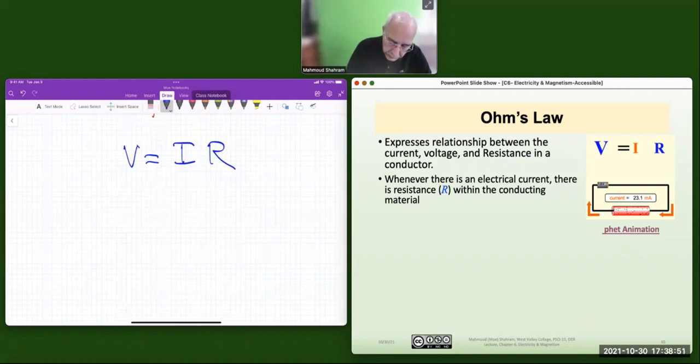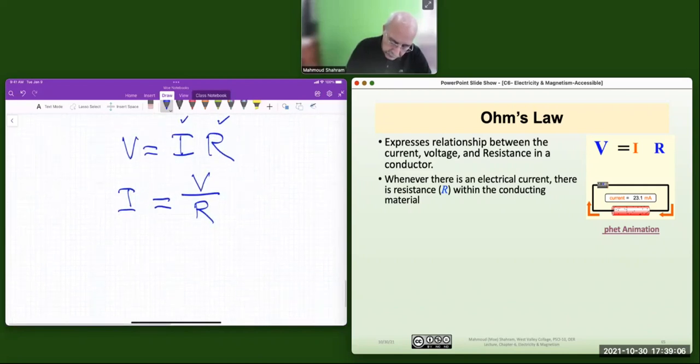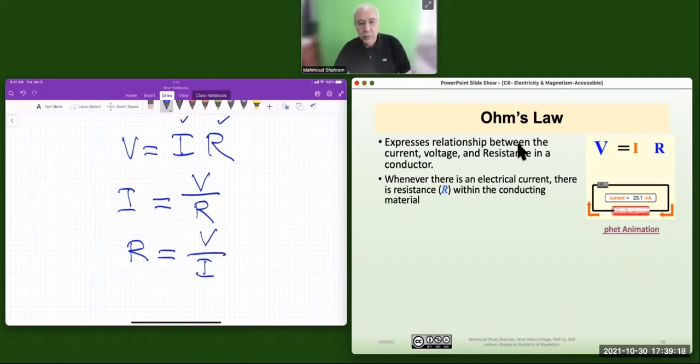When you know this and you know that, you find V. But if you want to find current, you must know what V is and what R is. And if you want to know what resistance is, you need to know what voltage is and what current is. So these three represent Ohm's law.